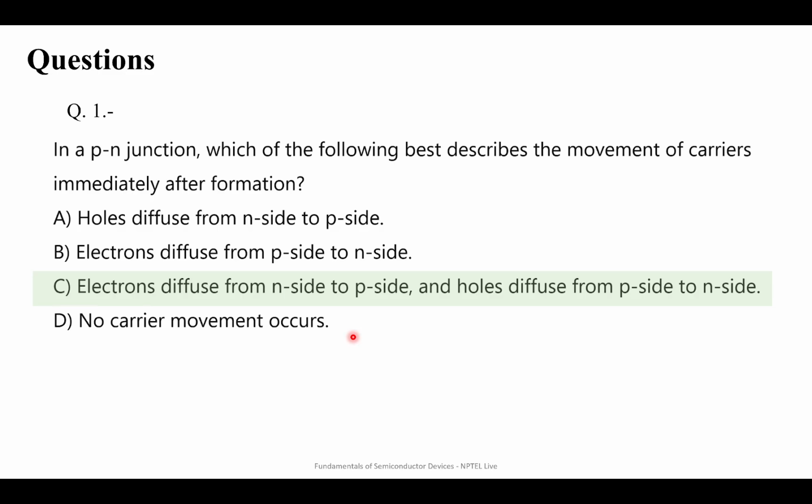So when they join, there becomes a concentration gradient, and a diffusion of charge carriers occurs. Holes are moving from the excess P side to the N side, and electrons are moving from the excess N side to P side. And this diffusion is the reason there is a generation of an electric field.